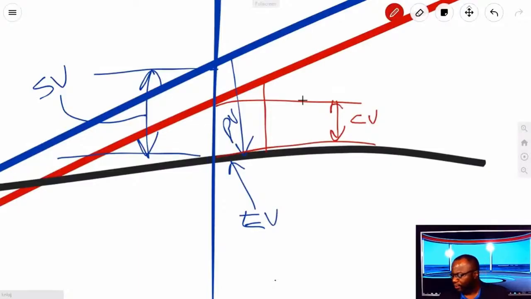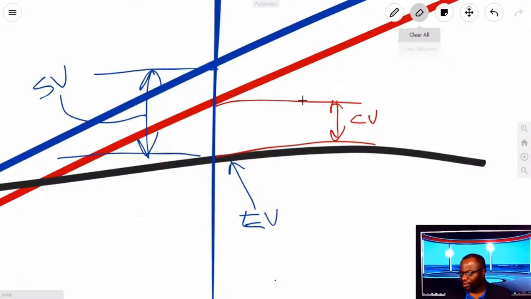See? So anytime your earned value line is under PV or under AC, it means you have issues. Okay? And those issues are summarized by you observing those variances. You got a schedule variance which is negative. You got a cost variance which is negative.